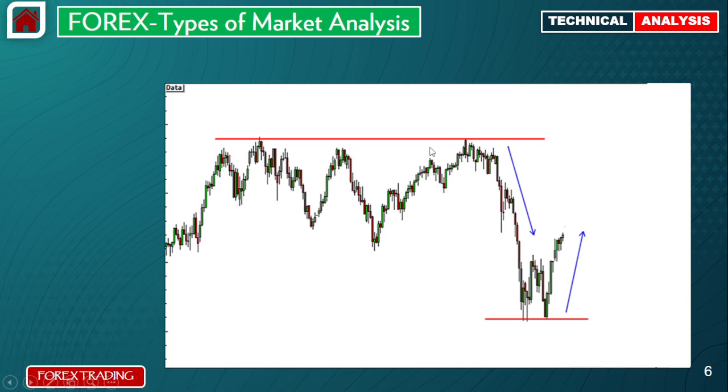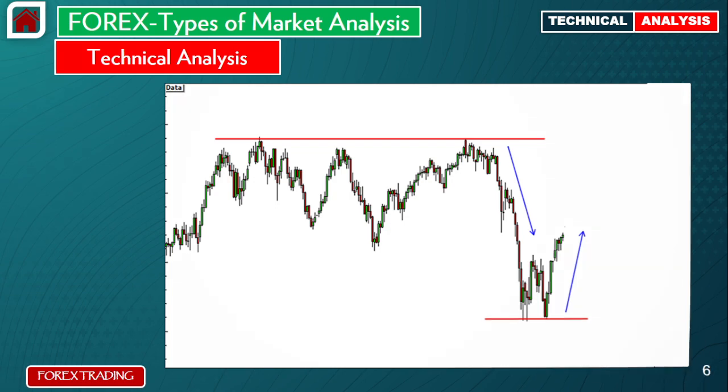So this is some kind of level where the price moves down, and from here you see there are two levels where the price first touches and goes back and then comes back again. It touches it and then goes back again, and then it goes into the upward direction. So this is how you actually do your technical analysis.